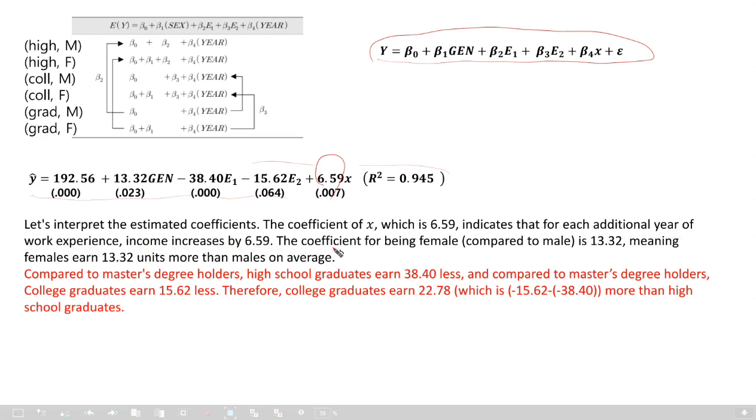The coefficient for being female compared to male is 13.32, meaning females earn 13.32 units more than males. Now, compared to master's degree holders, high school graduates earn 38.40 less, because of the minus sign. So master's degree holders are the base.